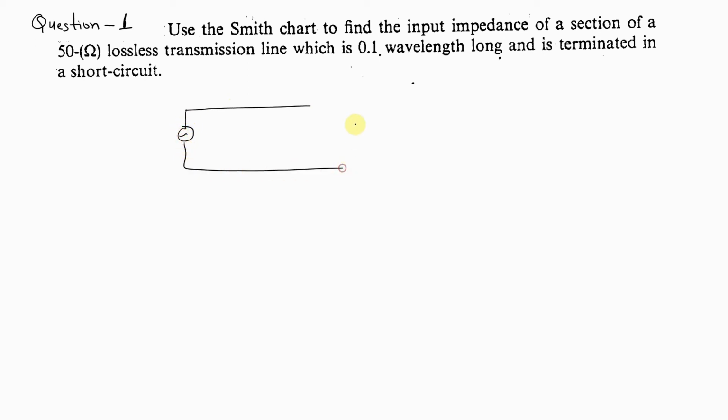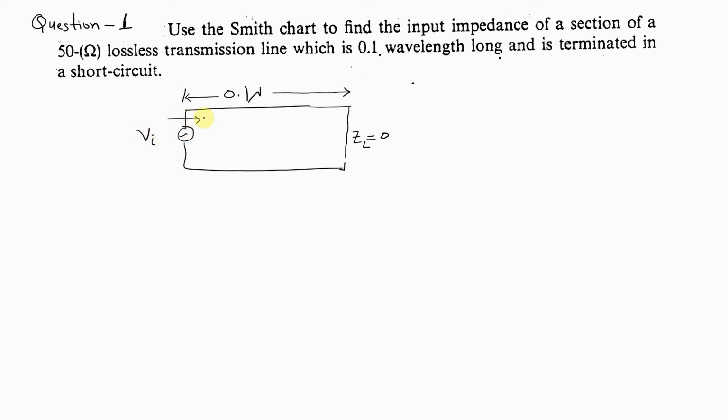This is the transmission line, short circuited here, so ZL is equal to 0, and the total length of the transmission line is 0.1 lambda.